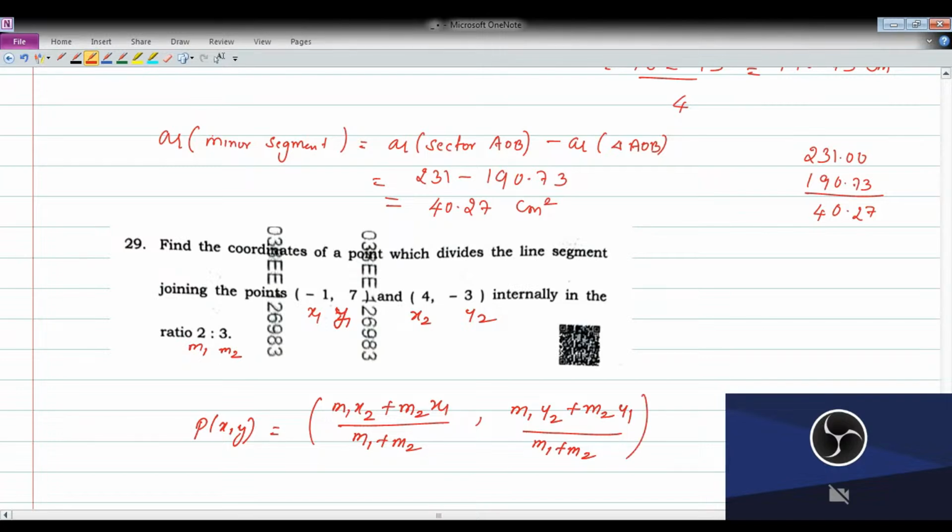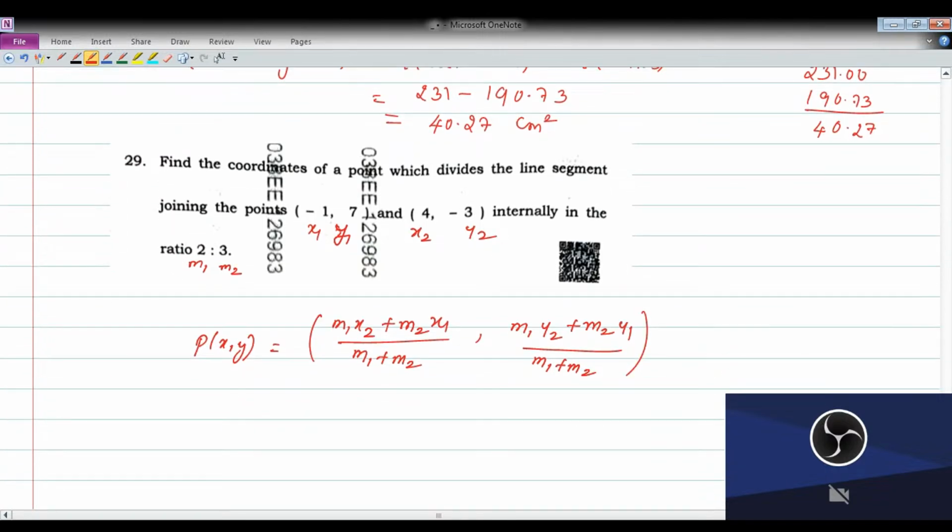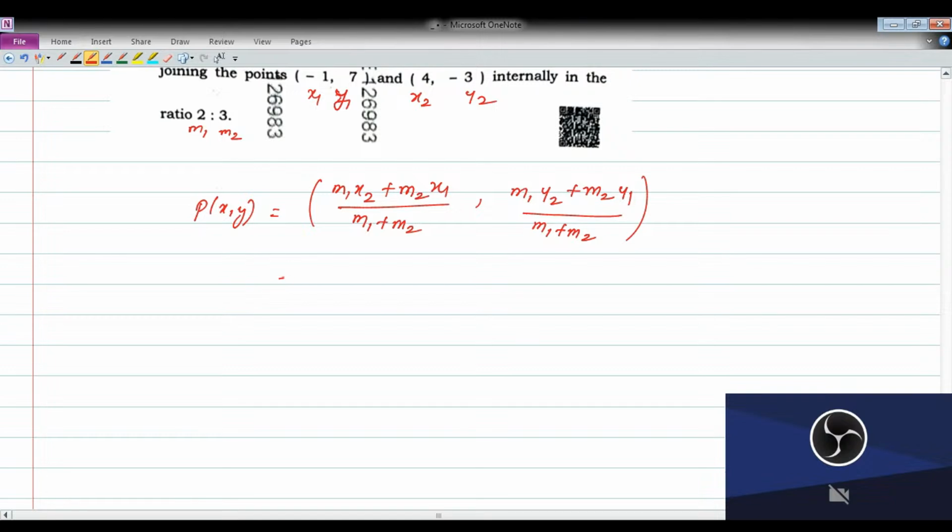Now m1 is 2, x2 is 4, m2 is 3, x1 is minus 1, divided by 2 plus 3. And m1 is 2, y2 is minus 3, m2 is 3, y1 is 7, divided by 2 plus 3.